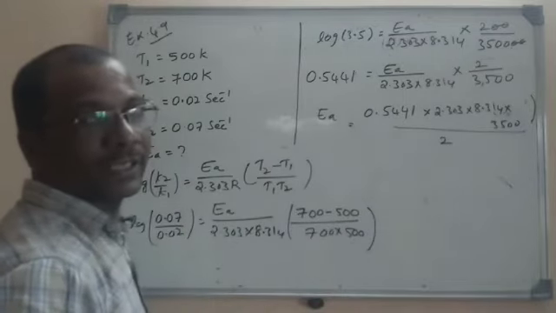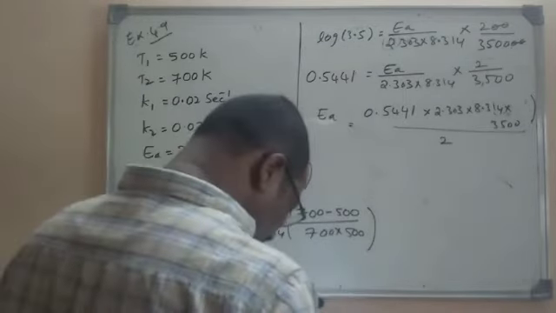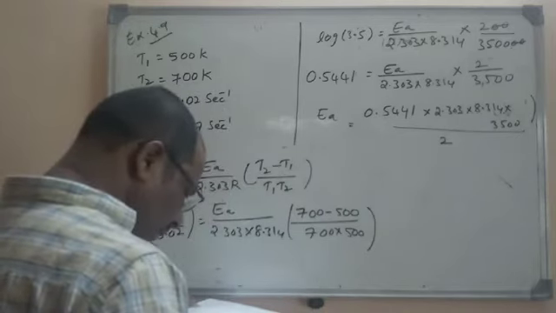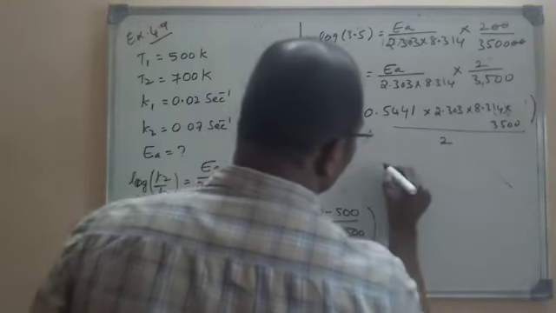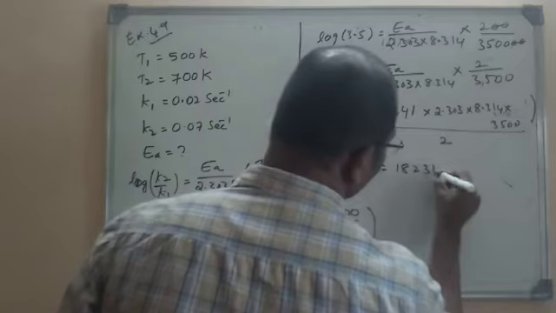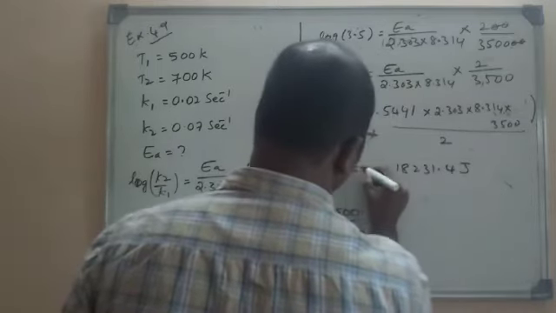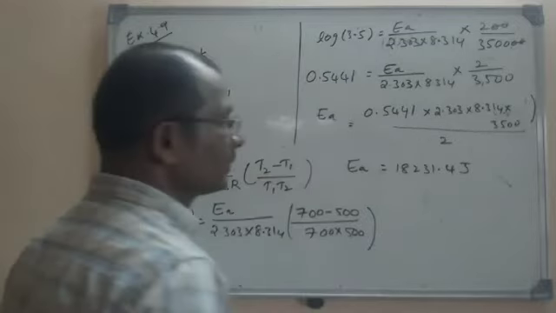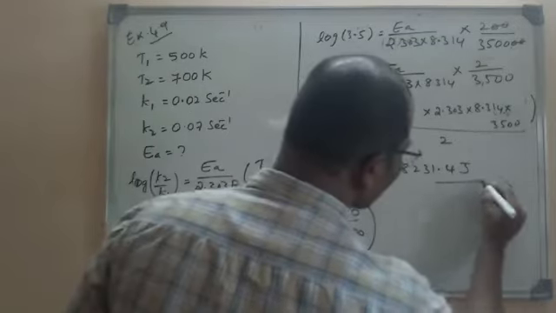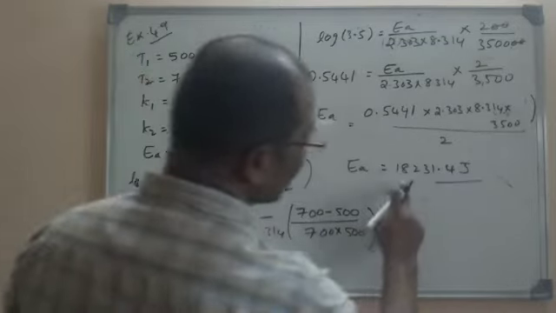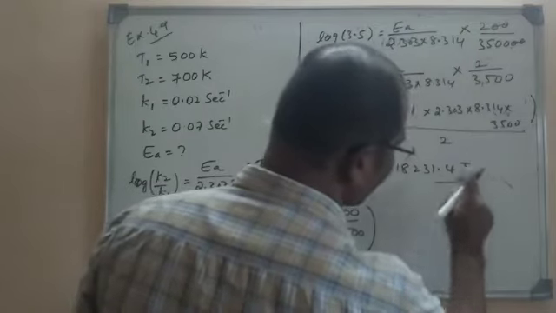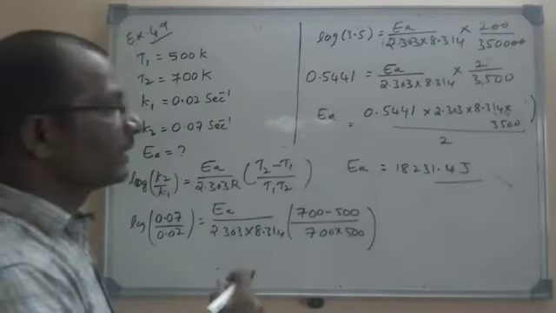On simplification with the calculator, the value we get is 18231.4 joules. This is the activation energy. So the activation energy is equal to 18231.4 joules per mole.